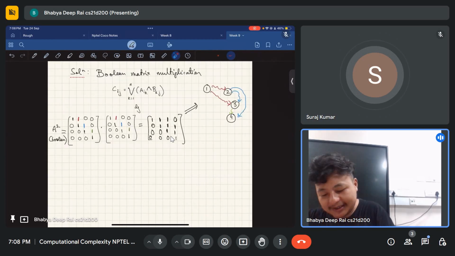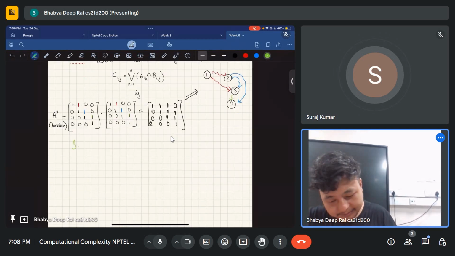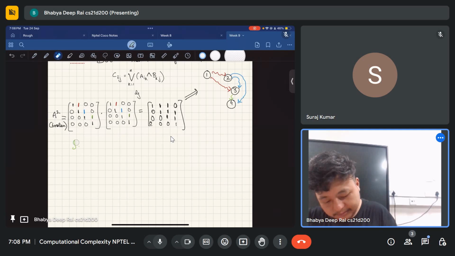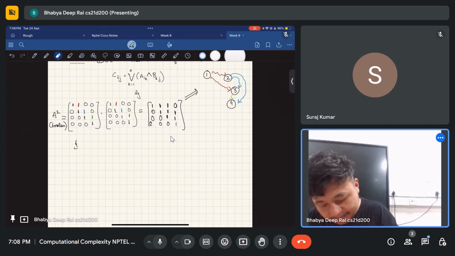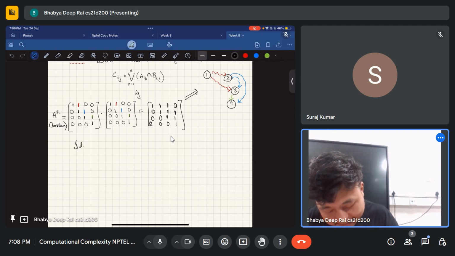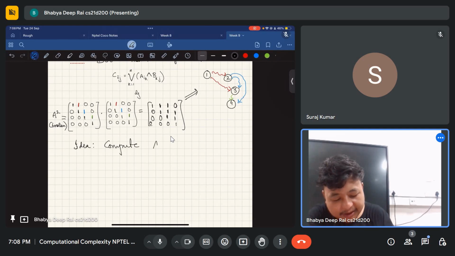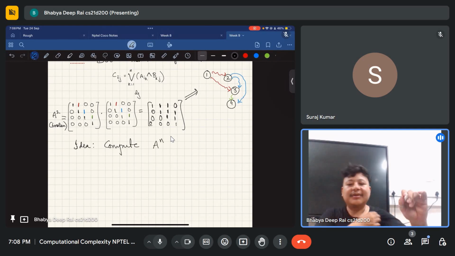So now the idea is compute a to the n, or a to the n minus 1.